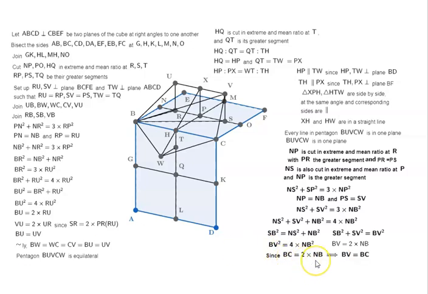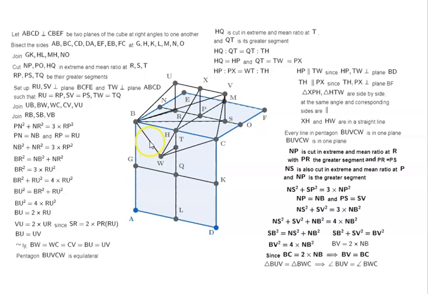Since BC is equal to 2 times NB, it implies BV is equal to BC. Triangle BUV is equal to triangle BWC. Why? Because BV is equal to BC.